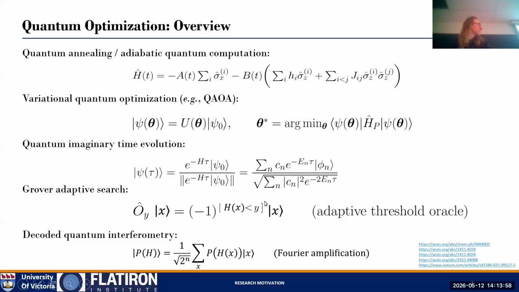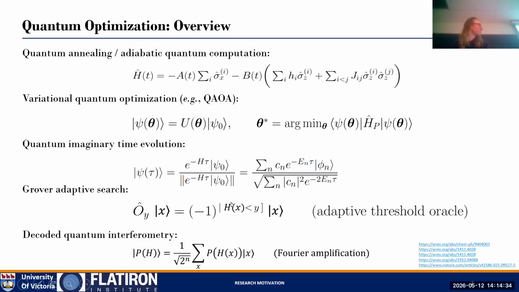Grover adaptive search takes the Grover search algorithm and adapts it to an optimization context by creating adaptive threshold oracles, which flag those states whose costs are lower than some threshold y. And at the end of one iteration, we measure in the computational basis, evaluate according to the cost function, and if we get out a state that's lower in energy than the original threshold we started with, we re-encode the oracle with the new threshold and repeat.